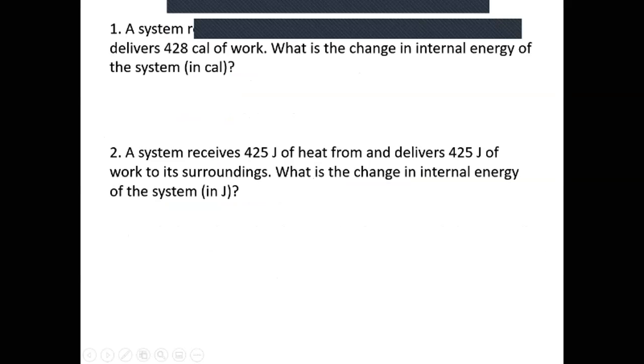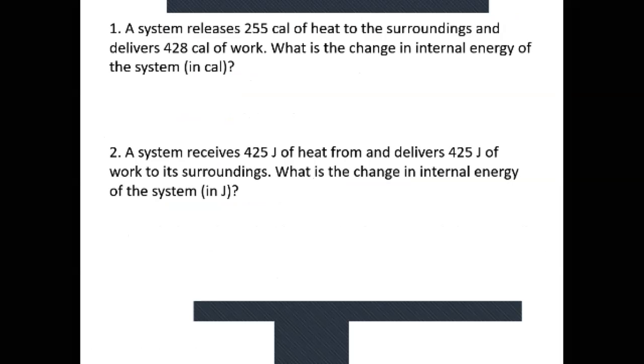So here we're looking at some examples involving heat and work. Again, these are very simple questions, but the most challenging part is to get the correct sign on the heat and work.